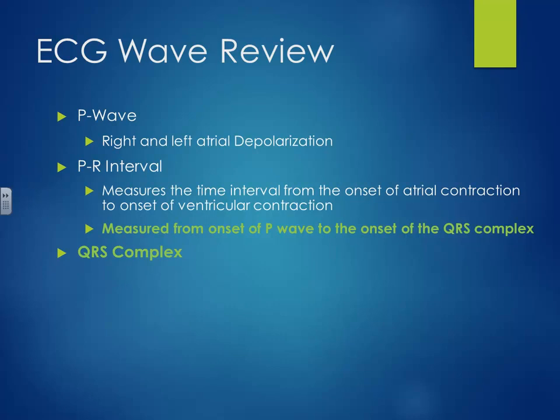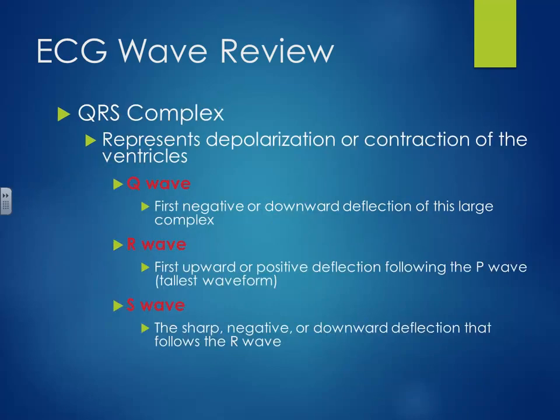Then your QRS complex. Your Q wave, your first negative deflection. Now what is significant? Do y'all remember what is significant about a Q wave that is 2/3 the length of the R wave? If it's negative downward. It's evidence of ischemia.